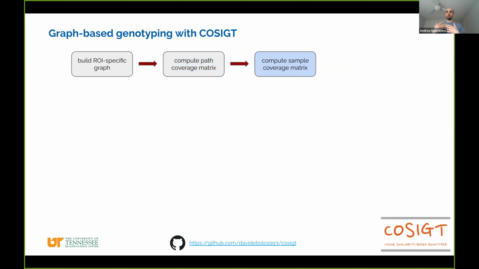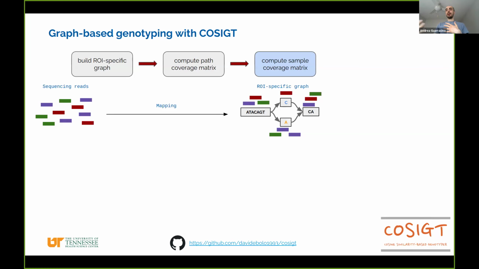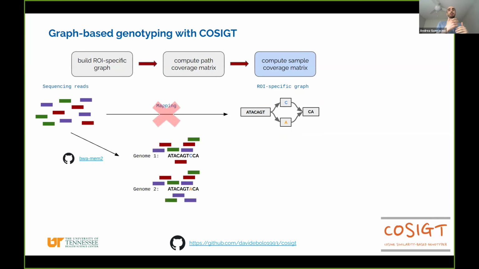So we have to map the samples that we want to genotype against our specific graph. Conceptually, you take your sequenced reads and apply a tool to map against the graph. But that's not what we do in this pipeline. We don't go directly from reads to graph. To keep the workflow simpler, we do something else similar. We take our reads and map them against the pangenome, not against the pangenome graph.